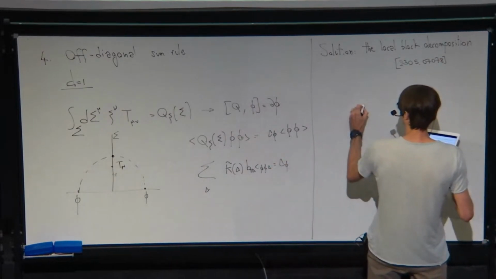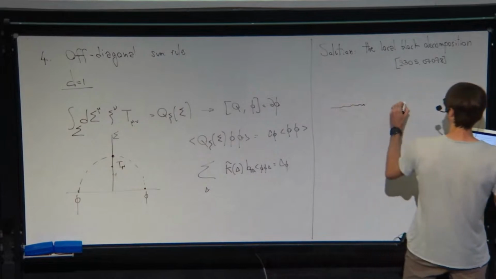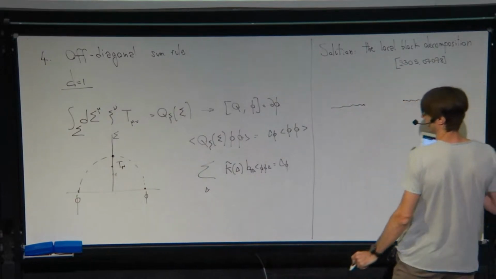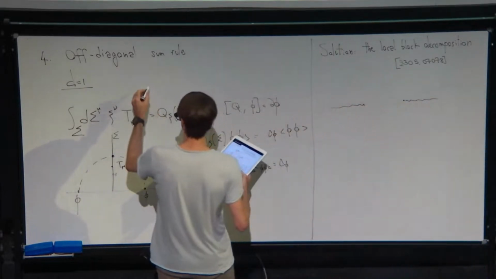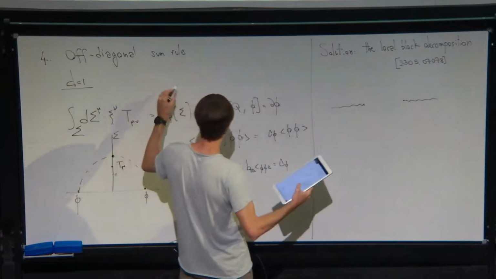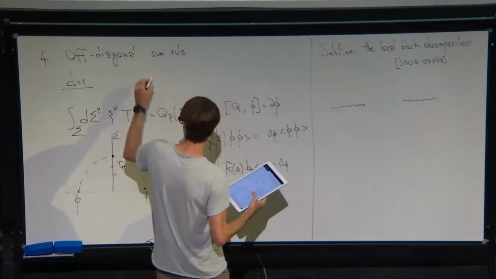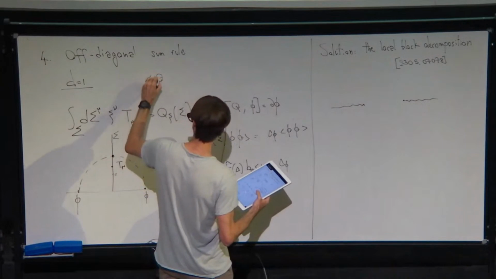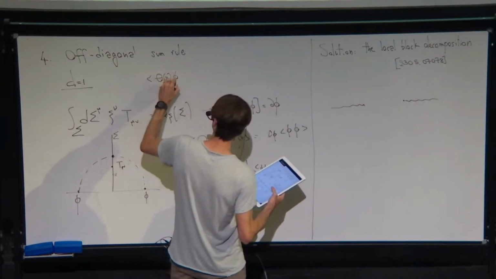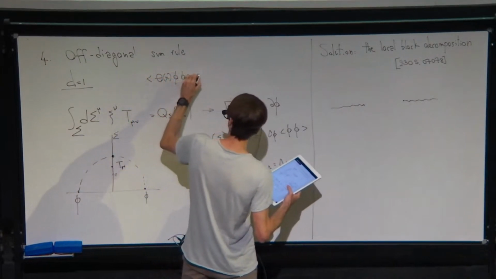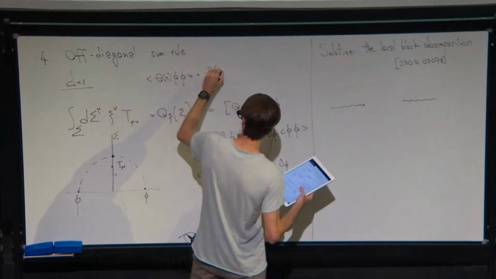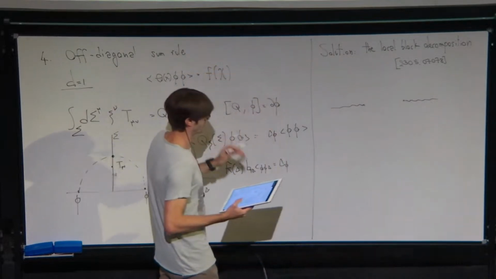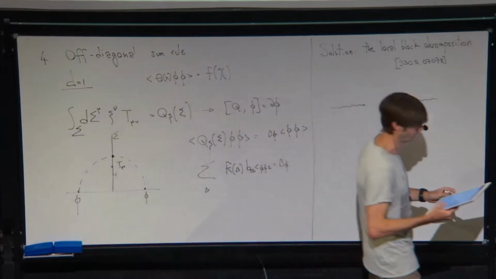So here is how it works. We'll have to give one more piece of data, I'm sorry that I didn't give it. Let me just say that this 3-point function, for instance, theta of x and then the boundary operators phi phi, is a function of one cross ratio that I'm calling chi, just to have a name for the coordinate.